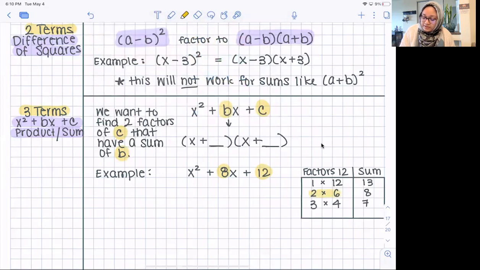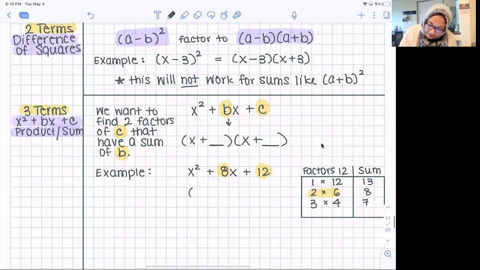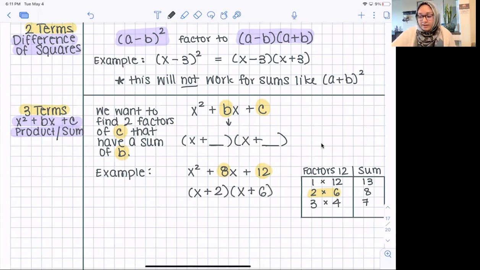This 2 times 6 gives me a sum of 8, like I was looking for. So when I build my binomials for factoring, I'm going to have x plus my first factor, which is 2, and x plus 6. And that's it, I'm all done.